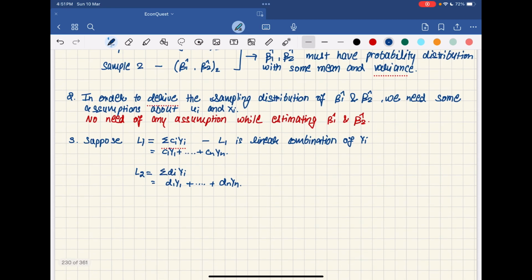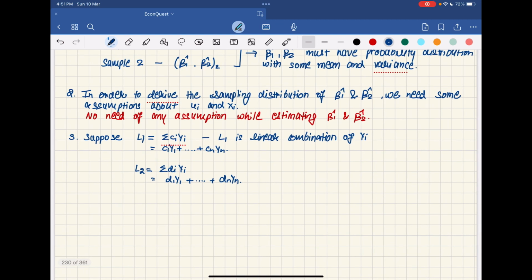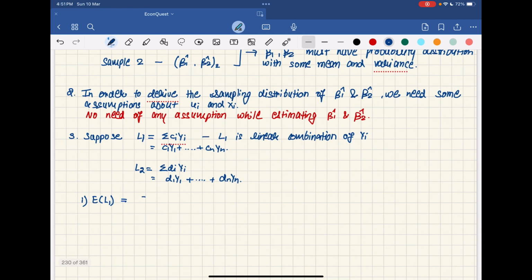Okay, so in this case, if we want to calculate the expected value of L1, it is equal to the expected value of summation of ci yi, right? Okay, let's expand this. c1 y1 till cn yn, right?